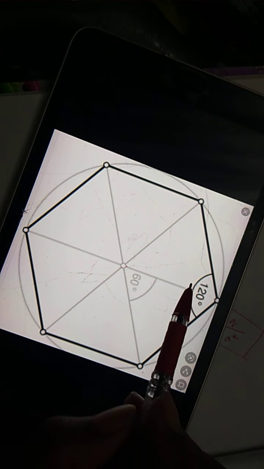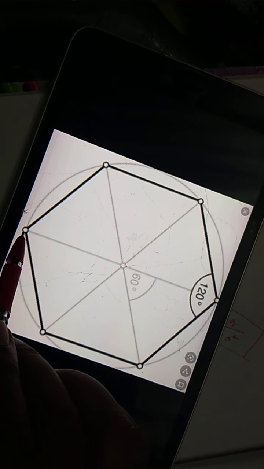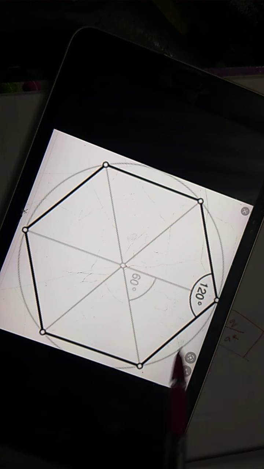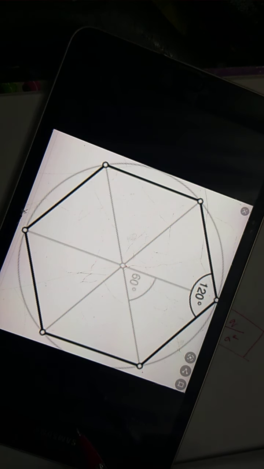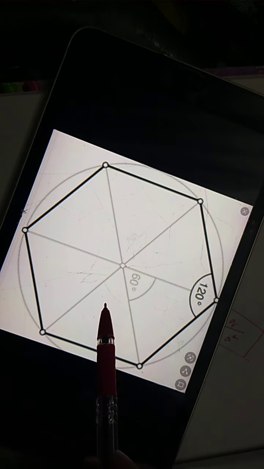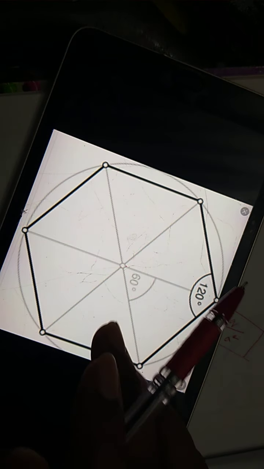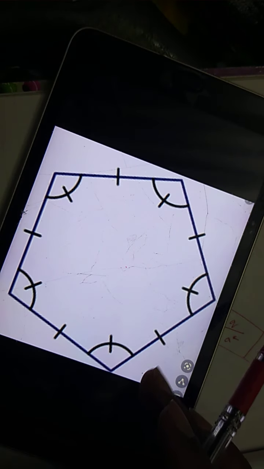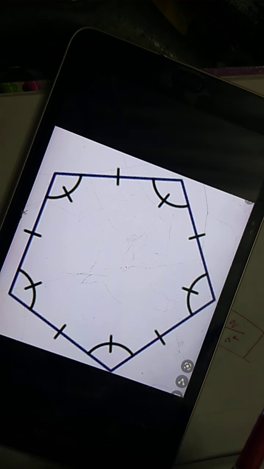That means every charge cancels the effect of the other 5 charges. So in case of hexagon or in case of pentagon, we follow the same logic.